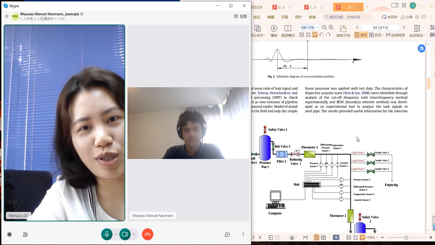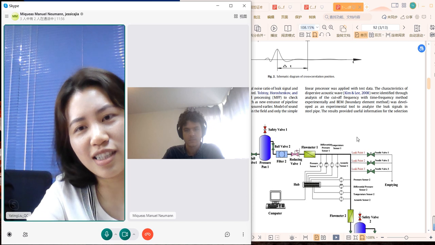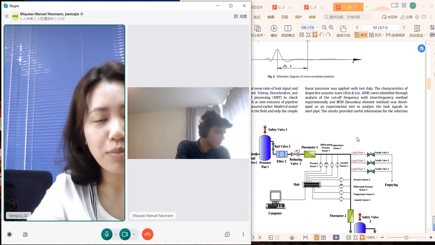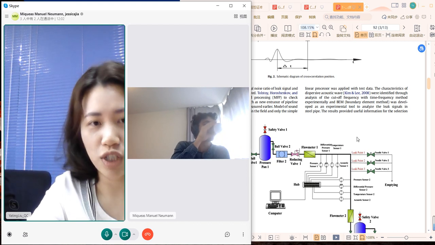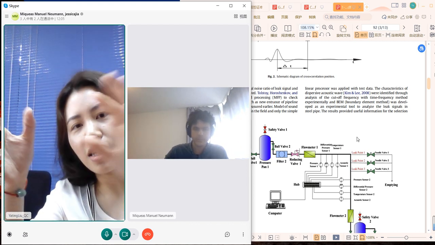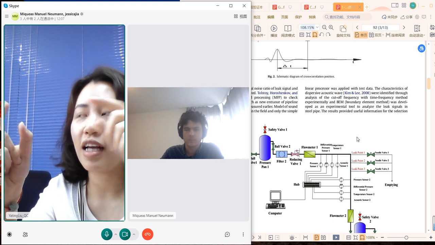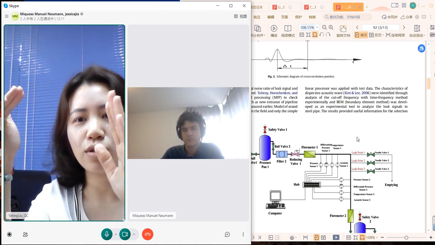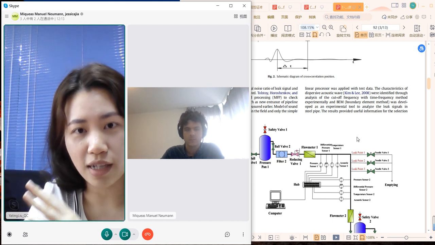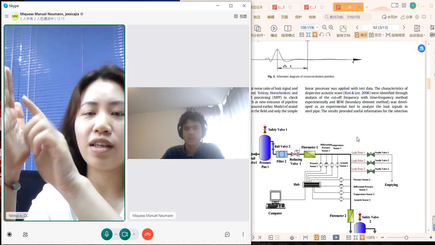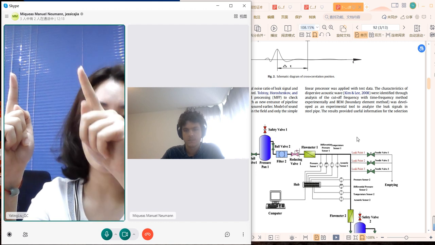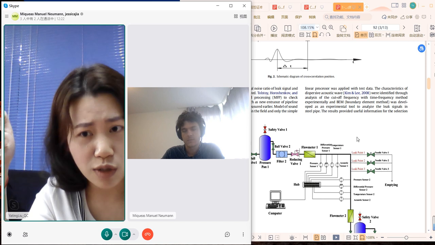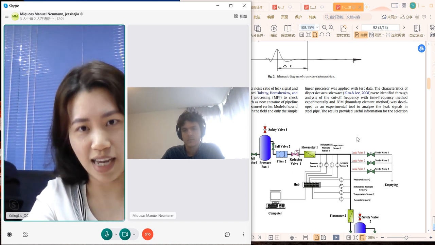I believe the frequency shouldn't change along the distance, but the amplitude of the signal might change. The higher frequency attenuates faster. So when it travels further, the signal disappears and you couldn't detect it.